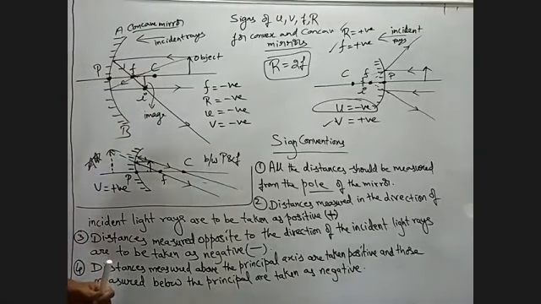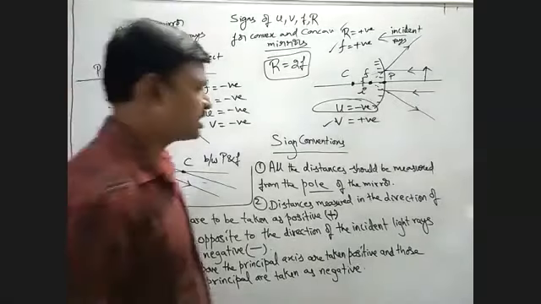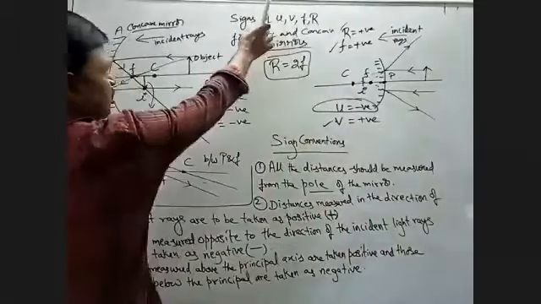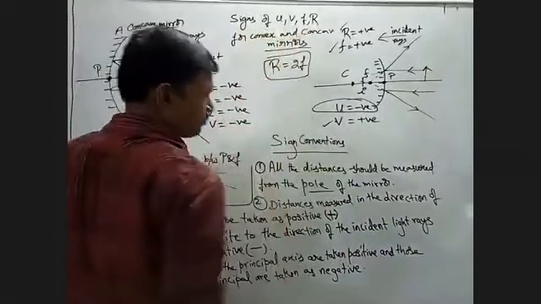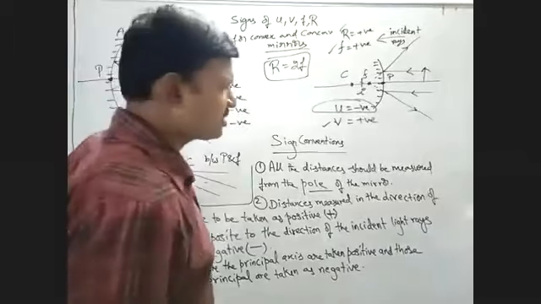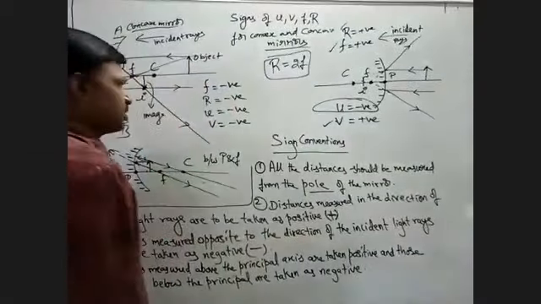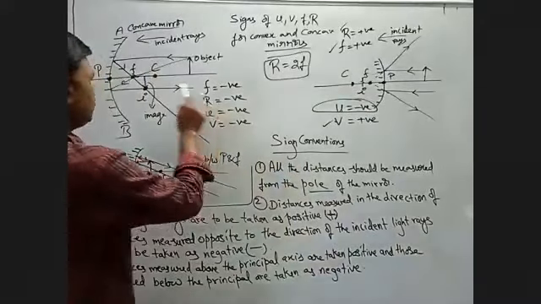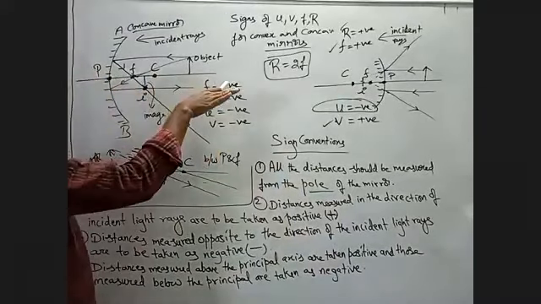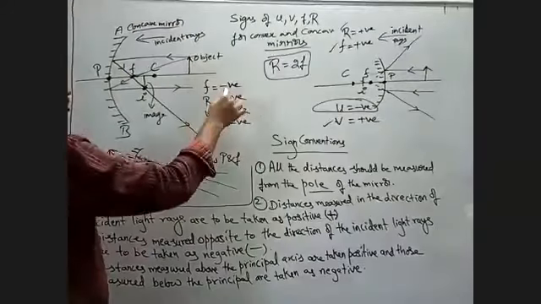I hope you are able to understand this. Once again I revise the signs of u, v, f and R, which are most of the things we use in our problems and calculations. For the concave mirror, focal length from here to here, opposite to the direction of the incident rays, is negative.